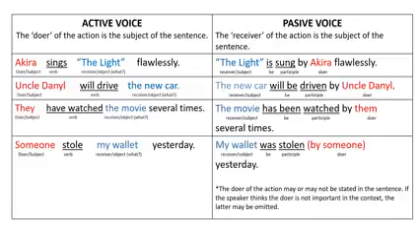So for the third sentence, they have watched the movie several times. The subject or the doer of the action is they. The verb is have watched. They have watched what? The movie. So the movie is the receiver of the action or the object of the sentence. So this will become again the subject in the passive voice.